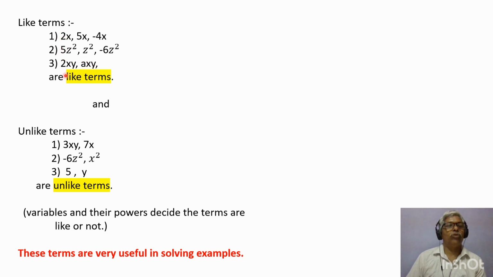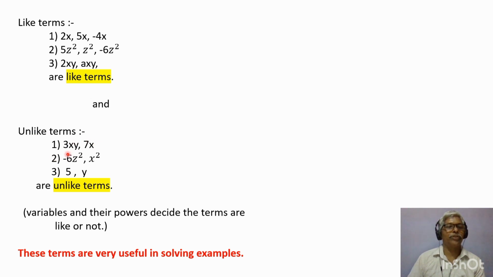So they can vary in the constant but not in the variable or its powers. All are the same. These are called like terms. So this is xy, this is xy. These are like terms. And unlike terms: if anything is different, any variable is extra or the power is different, then these are unlike terms.